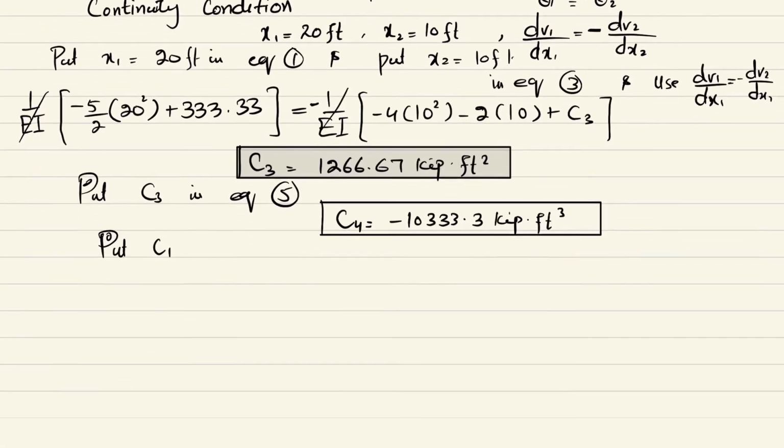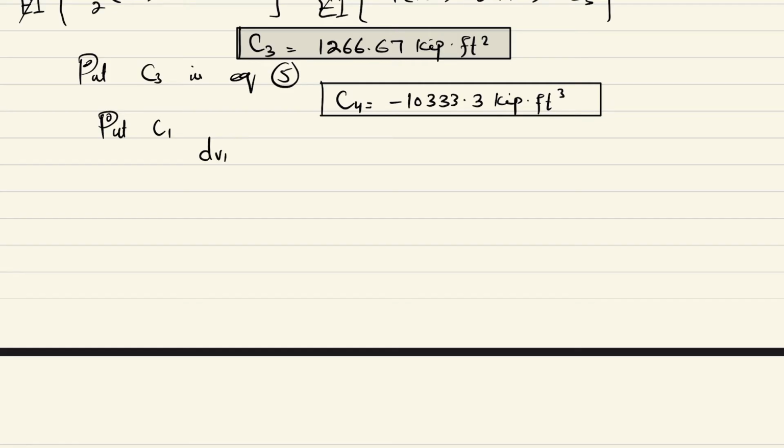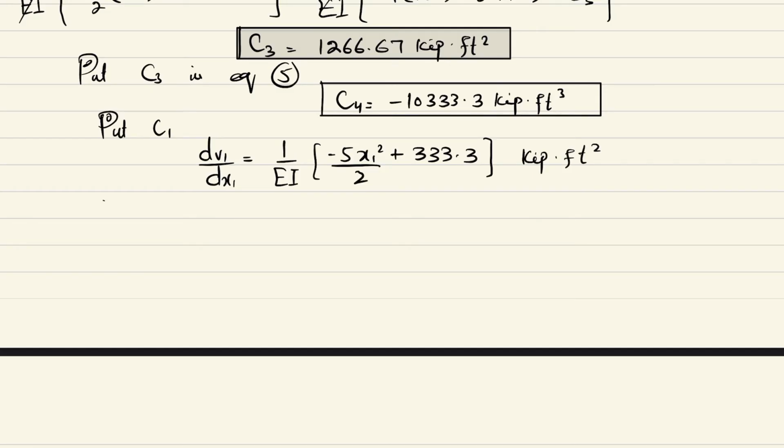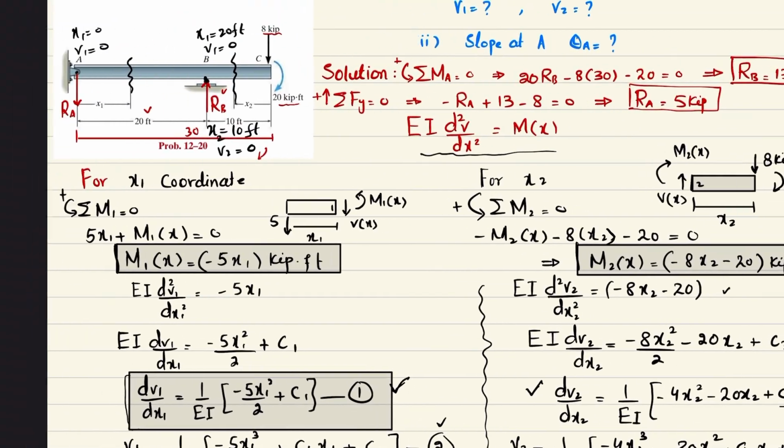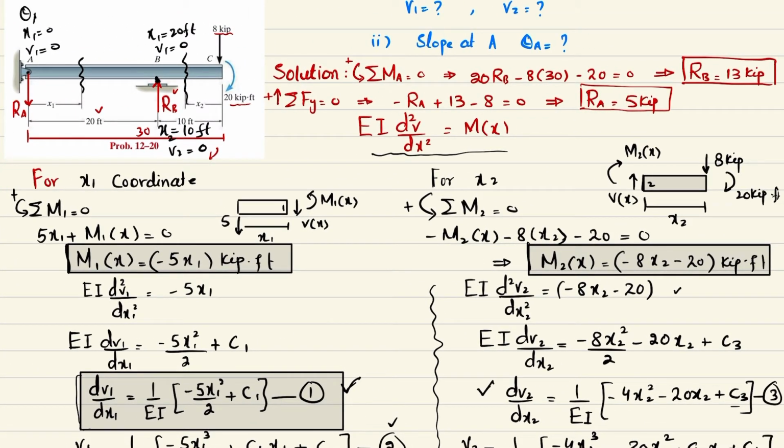When you put C1, you will get dv1 over dx1 is equal to 1 over EI times minus 5 x1 square over 2 plus 333.3, and the unit will be kips into feet square. Now we are asked to find theta A, the slope at point A. It means that x1 is equal to 0, so at x1 equal to 0 we have theta A.